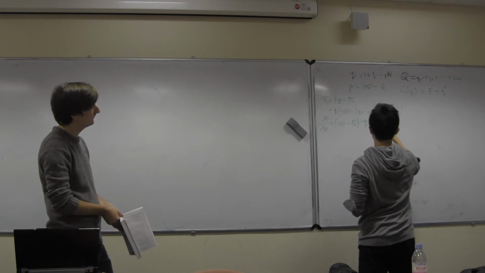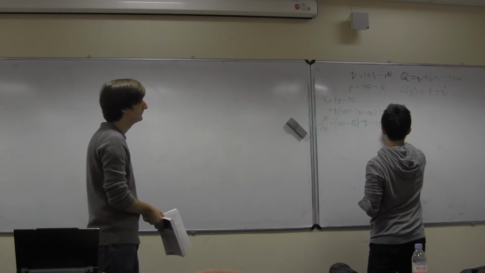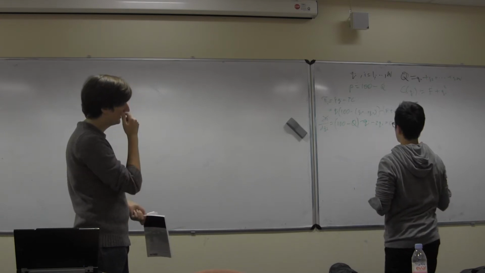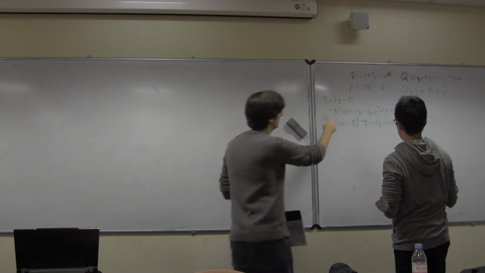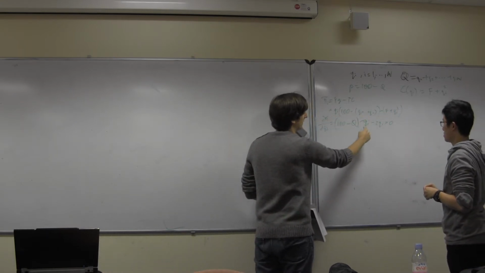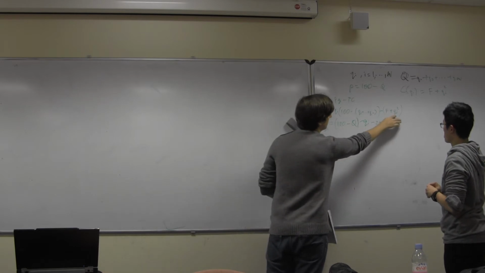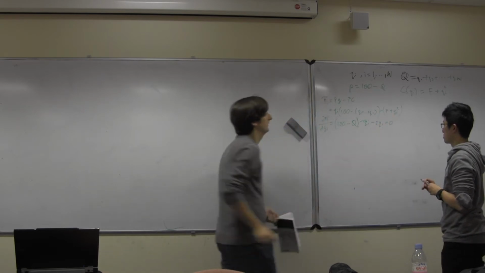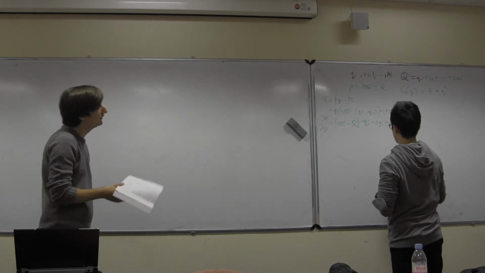So this is 100 minus Qi, and then you get a minus 1 from the derivative of this bit here, so it's minus Qi, and then the derivative of Qi minus Qi squared is minus 2Qi. That's right.